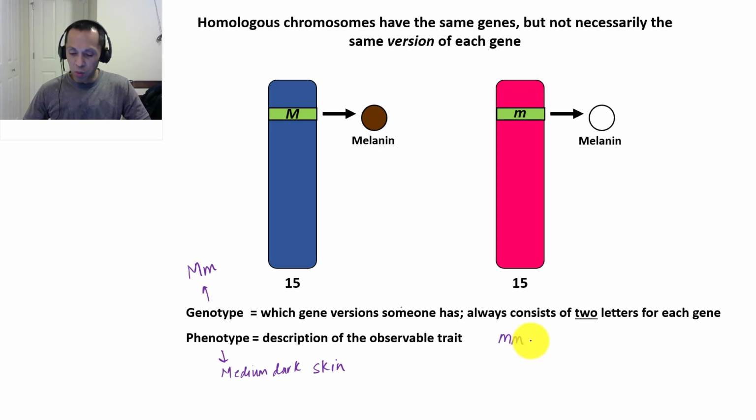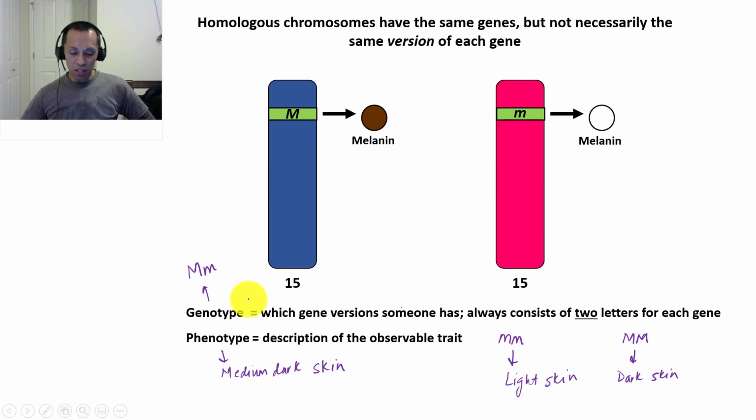Because this person would be incapable of producing any of these pigment proteins, you could say that their phenotype would be described as light skin. On the other hand, if someone inherited from one parent the allele that produces the functioning colored pigment protein, and the same allele from their other parent, that genotype produces the phenotype of very dark skin.